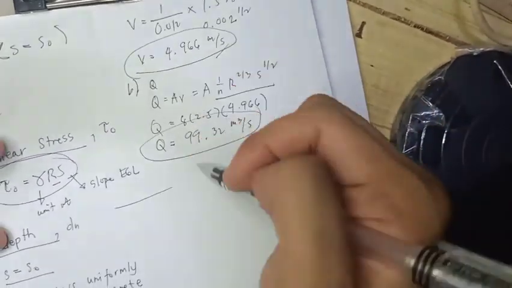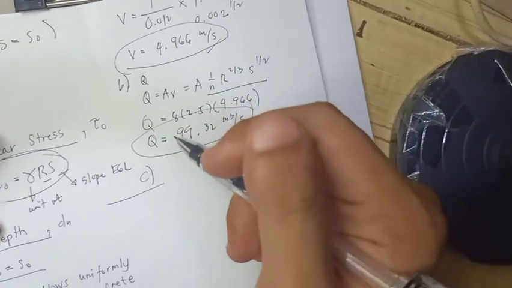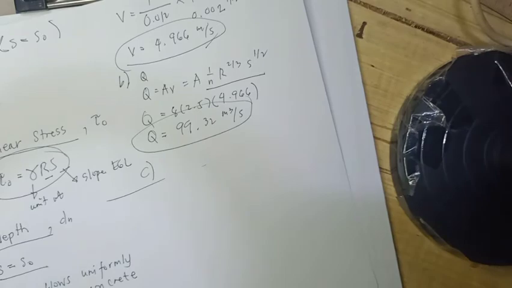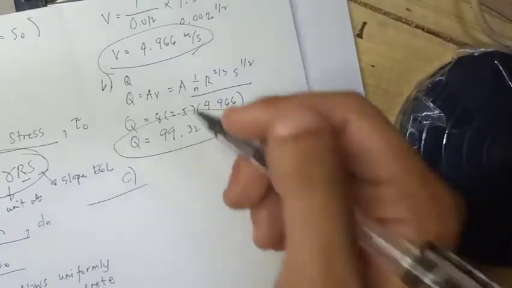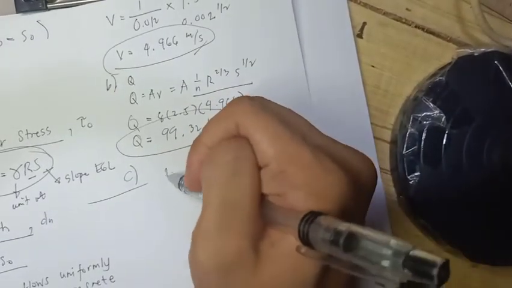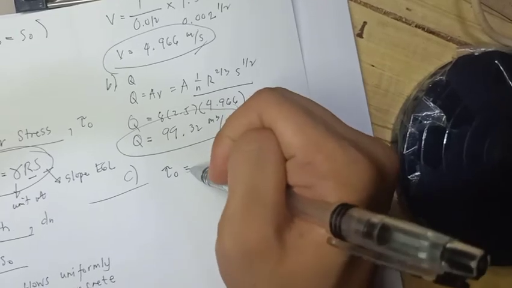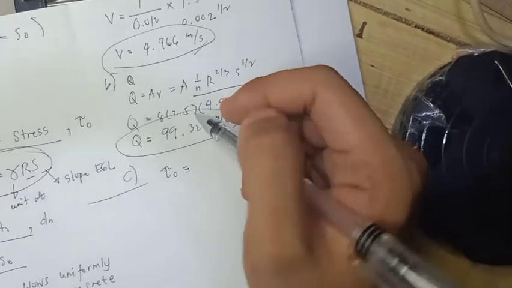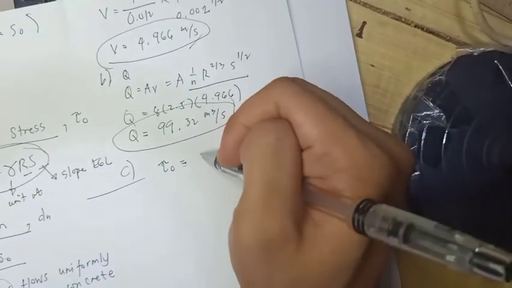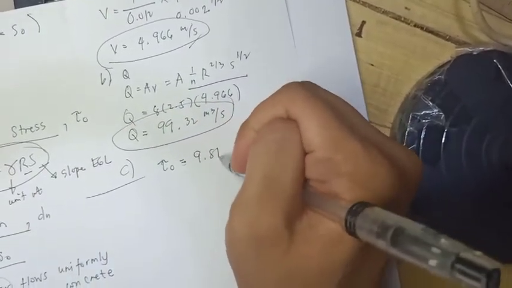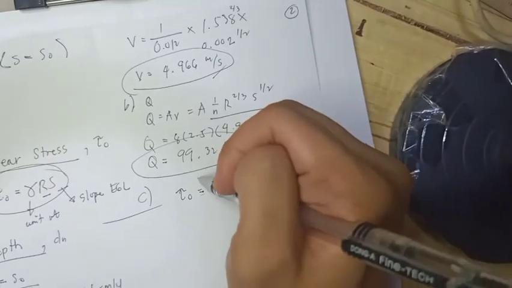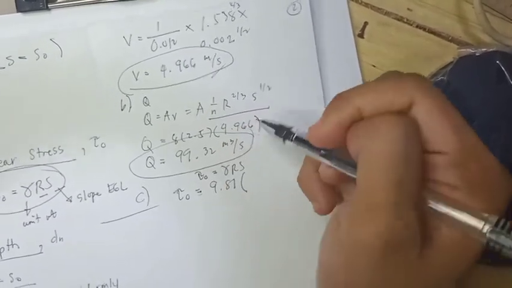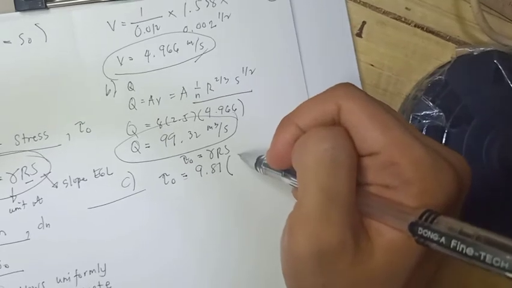So, okay. C, yung boundary stress, shear stress, which I have introduced to you, no? Yung tau sub O. So, tau sub O equals now to unit weight times RS. Ang unit weight natin is water. So, therefore, 9.81 times, isuot na natin yung formula. Unit weight RS. R is, ano yung R?